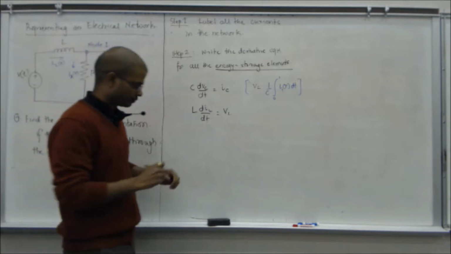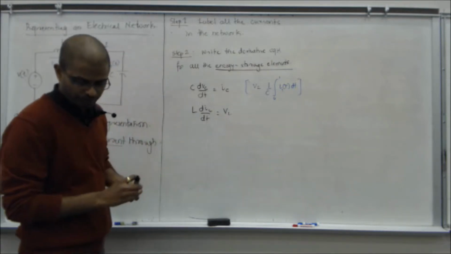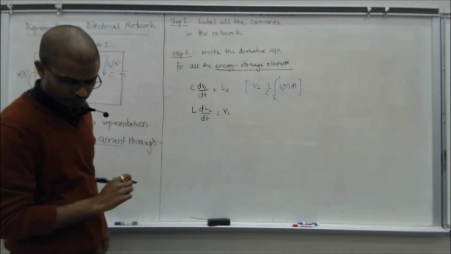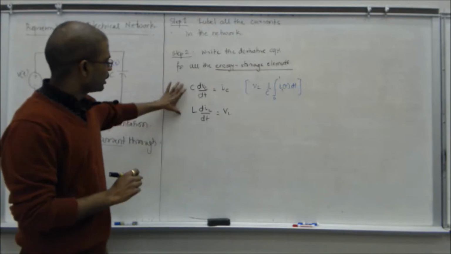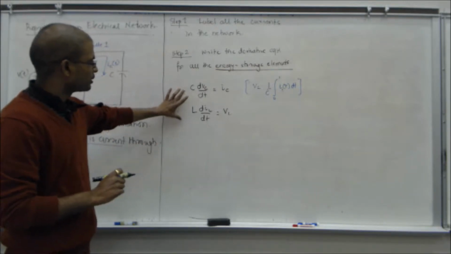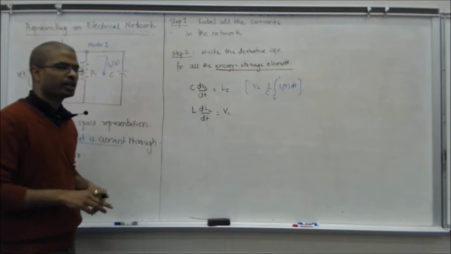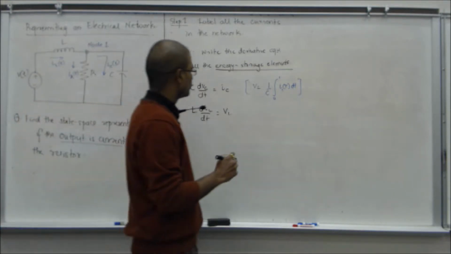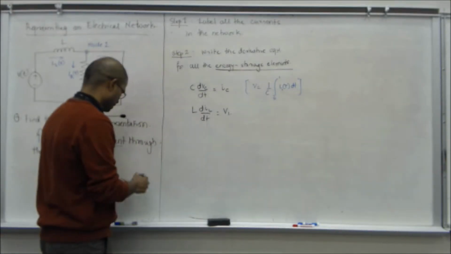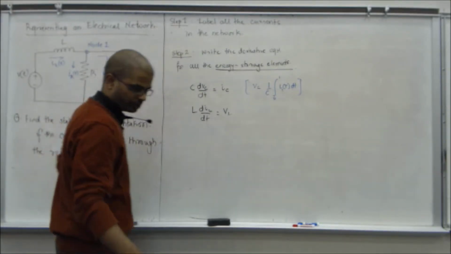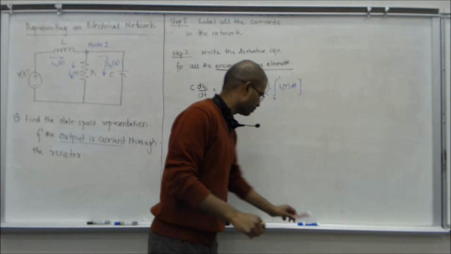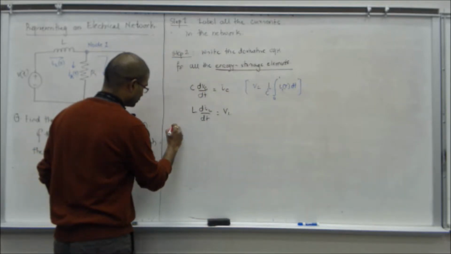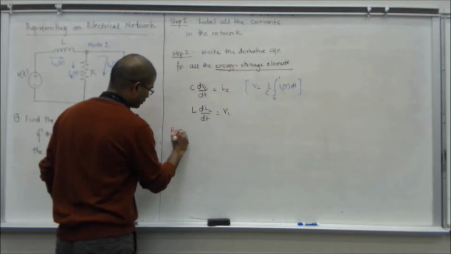Okay? So recall, this will help you. Why do you write this? This will help you identify the state variables. Recall the general state space representation. What is the general state space representation?